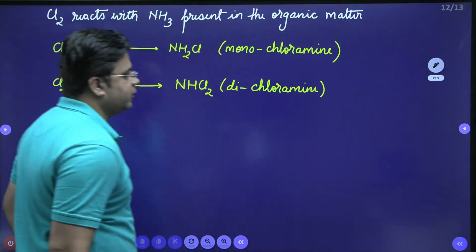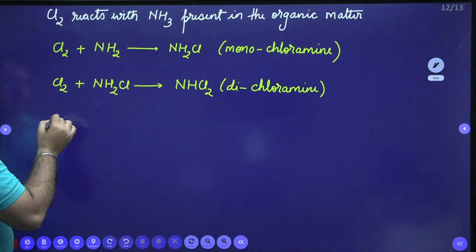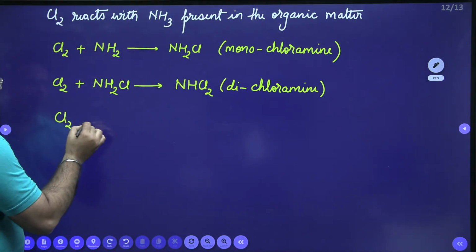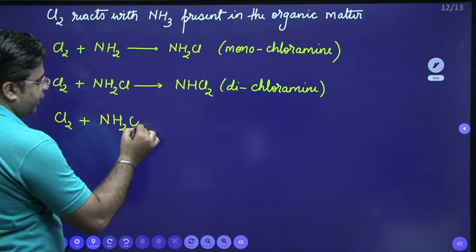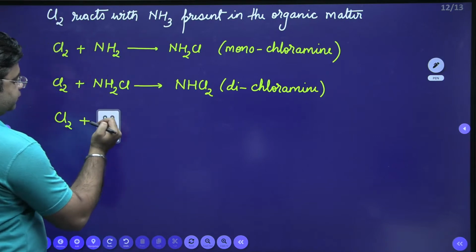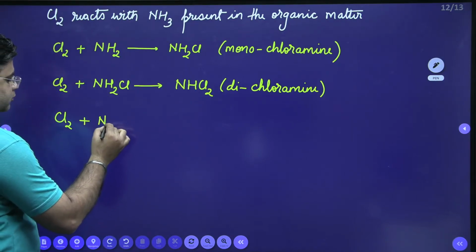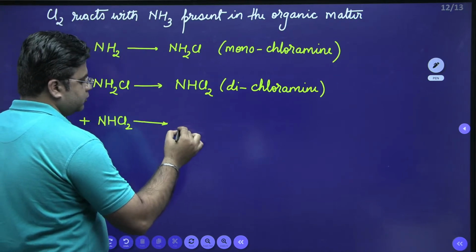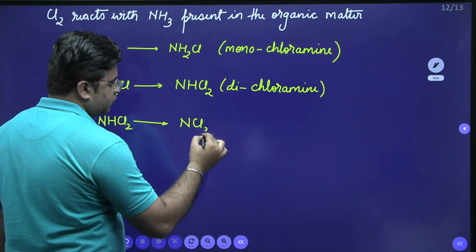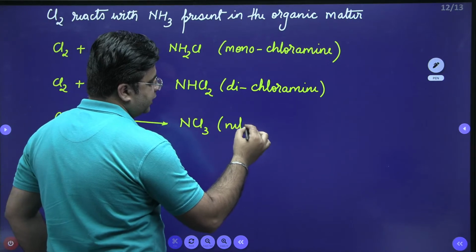This is dichloramine. Then again it reacts with dichloramine to form nitrogen trichloride, NCl3. This is nitrogen trichloride.